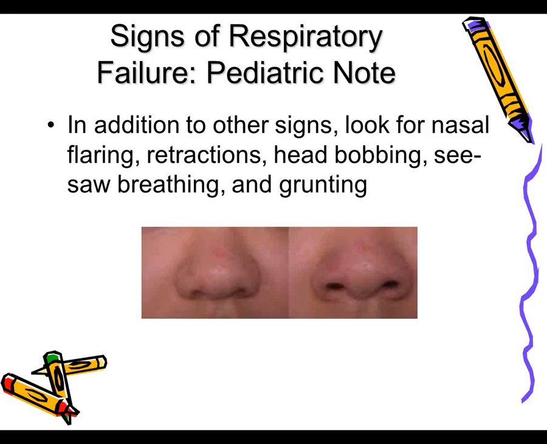Children, particularly young children, are very prominent diaphragm breathers. They use their diaphragm more than their intercostals because their intercostals aren't well developed. And their diaphragm is flat. Our diaphragm is domed. So when a little kid works hard to breathe and they're working that diaphragm, it'll push the belly out and suck the chest down.